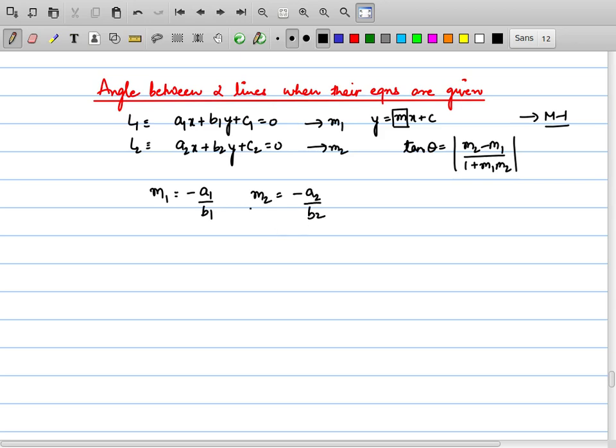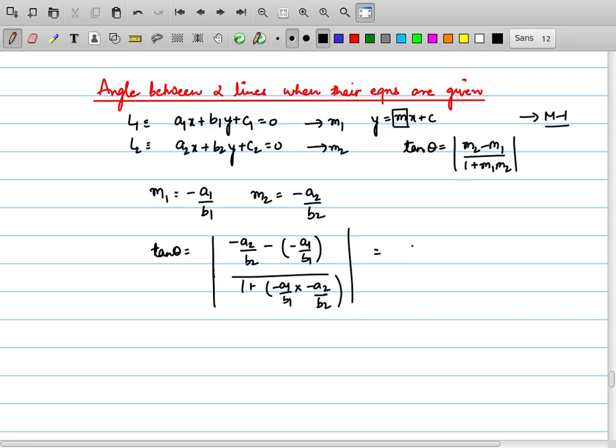We can put these in the formula and find tan theta, or we can directly derive a formula. m2 is minus a2 upon b2, minus m1, which is minus a1 upon b1, whole divided by 1 plus (minus a1 upon b1) into (minus a2 upon b2), and take the modulus. So we get mod of (a1 upon b1 minus a2 upon b2) whole divided by a1 a2 upon b1 b2.